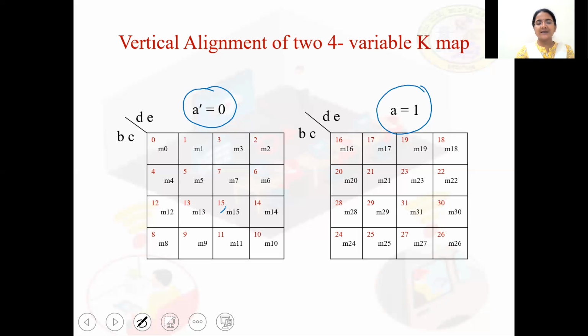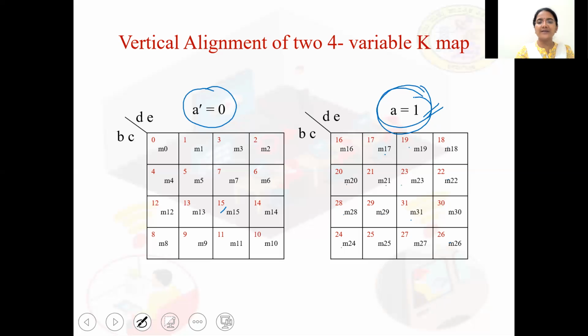For the next higher half of the truth table, the minterms from 16 to 31, we enter 16, 17, 18, 19, 20, 21, 22, 23, 24, 25, 26, 27, 28, 29, 30, 31. Here you write A is equal to 1. By considering A equal to 1, we write the minterms in the squares.